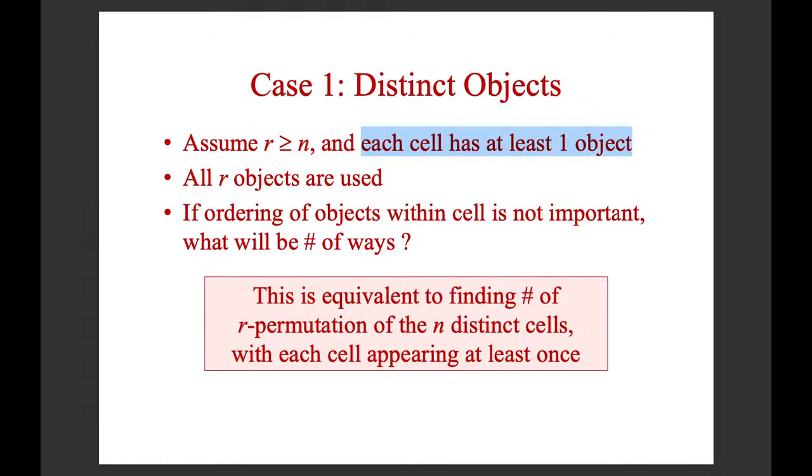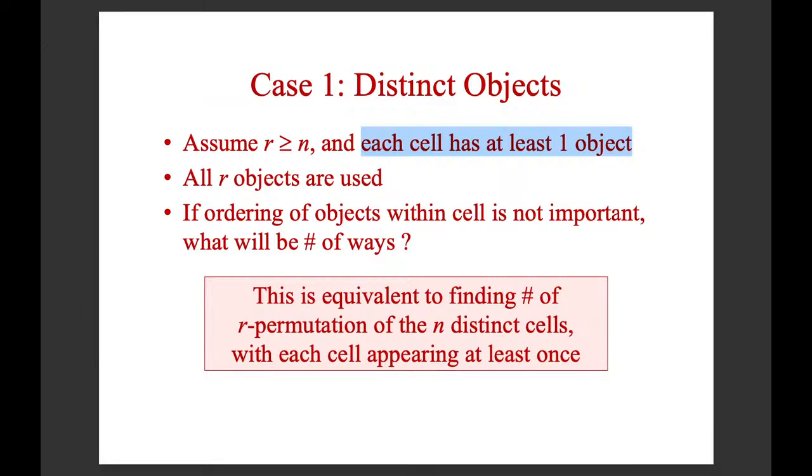This is the EGF problem that we are studying. Let's say n is fixed. We are looking at r objects, and for each object we need to give it a label 1, 2, 3, up to n, with the restriction that each label has to appear at least once.